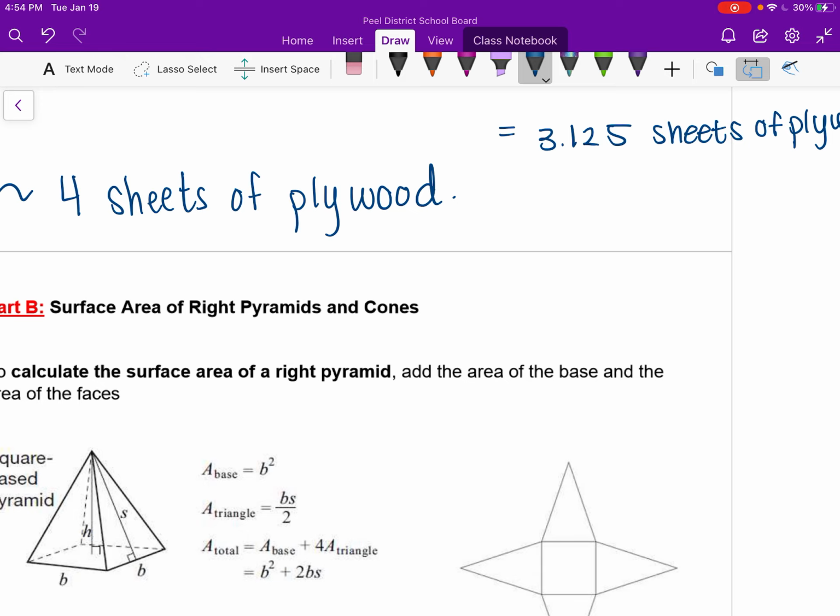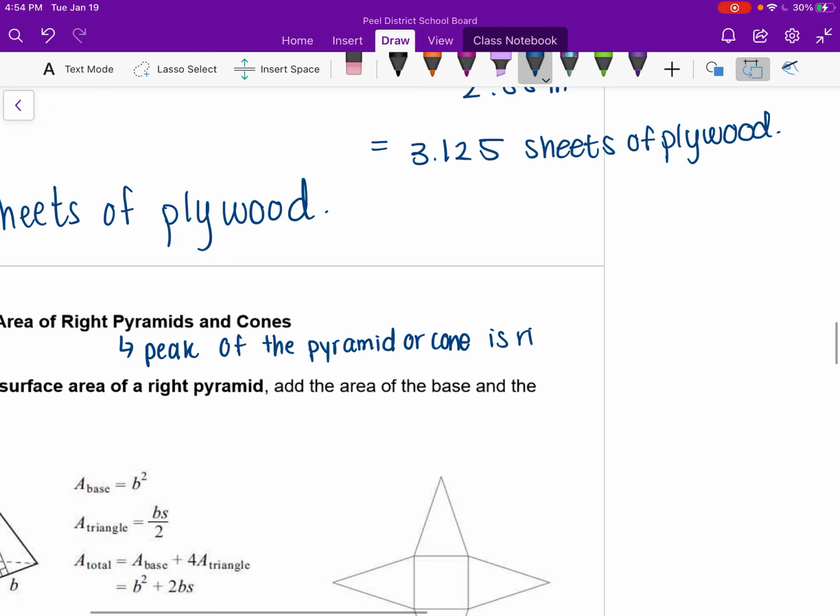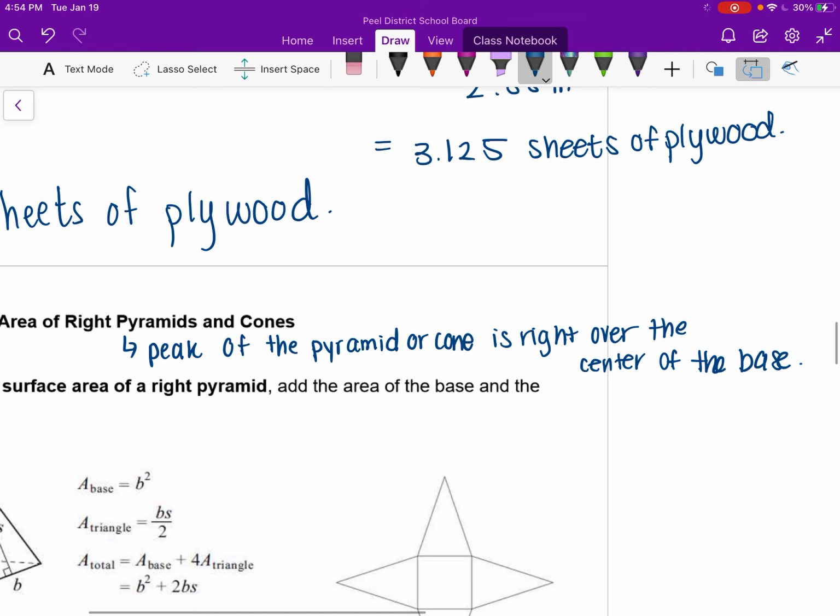But one thing you want to remember is that a right pyramid and a right cone is a pyramid or a cone in which the peak of the pyramid or cone is right over the center of the base. And that's just important to remember, because then that just means that all the sides and all the faces are equivalent to each other.